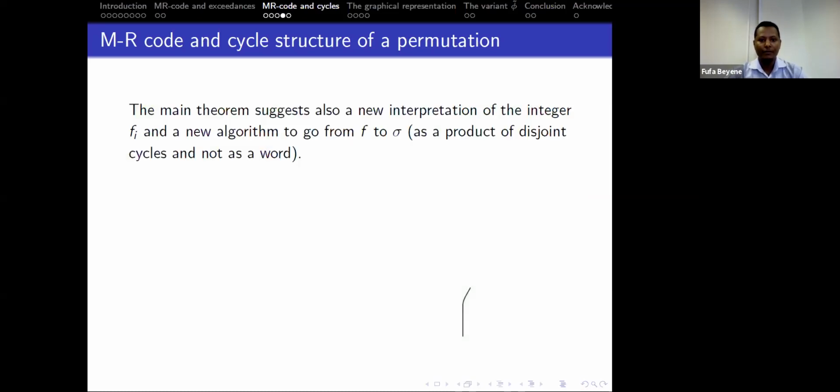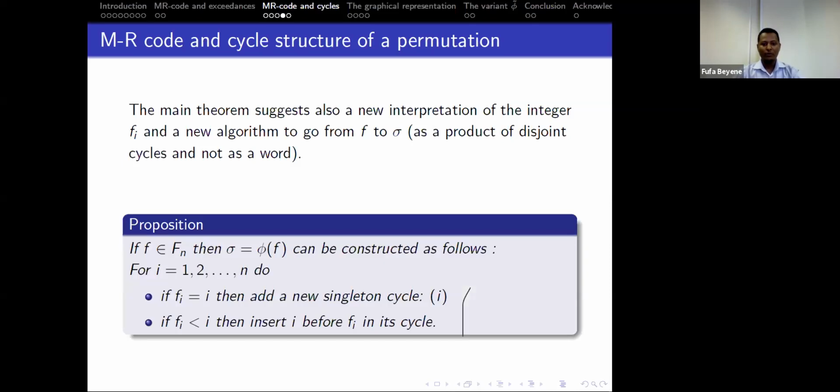Okay. Further, the main theorem here also suggests a new interpretation of the integer f_i and a new algorithm to go from f to sigma, where sigma is represented in the form of cycles, not as a word. And we have, as a result, the following proposition. Take f in F_n, then sigma is calculated as follows.